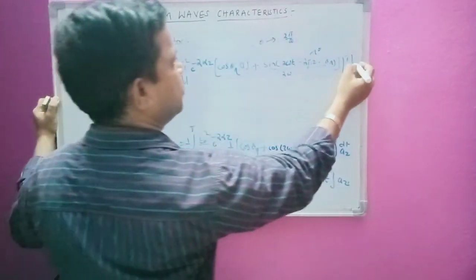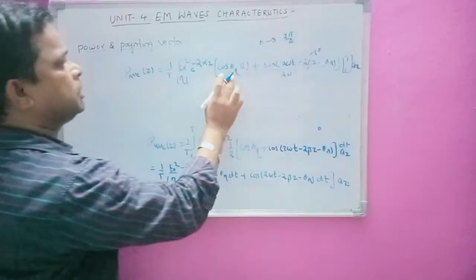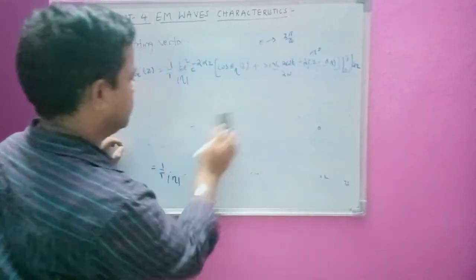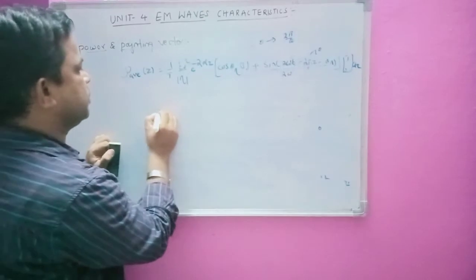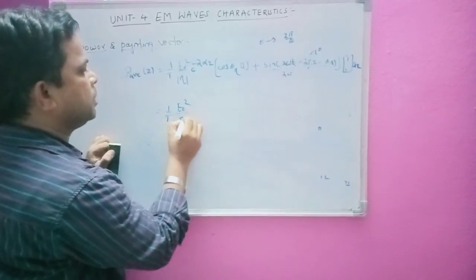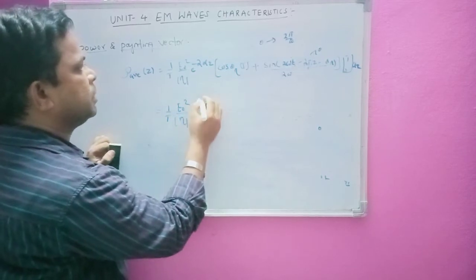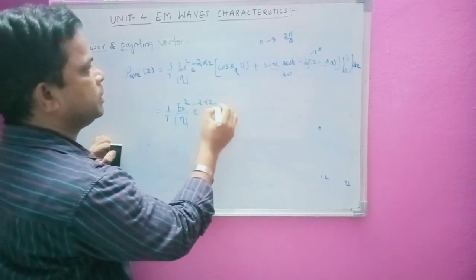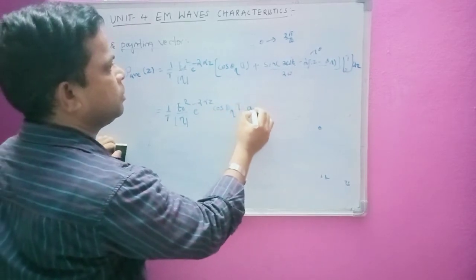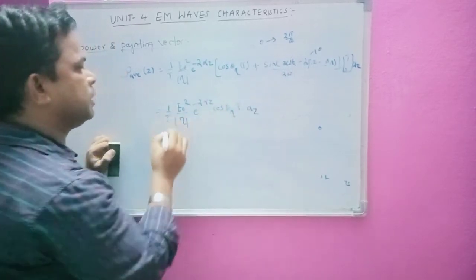Now I am left only with this part here. Let us see what I get. I get 1 by T, E naught square by mod eta, e power minus 2 alpha z, cos theta of eta, into T, into a z. These T's will get cancelled.